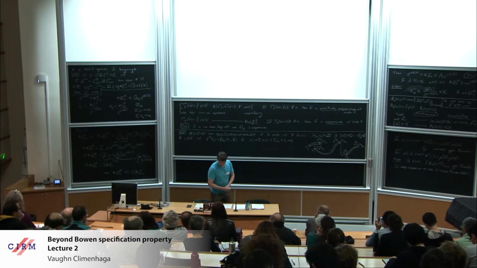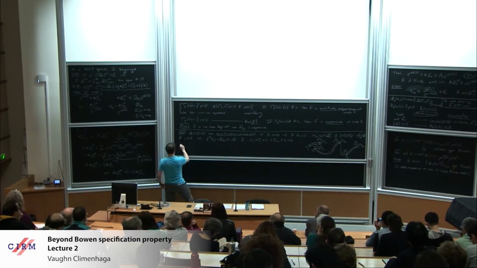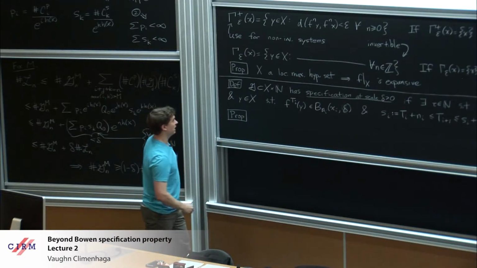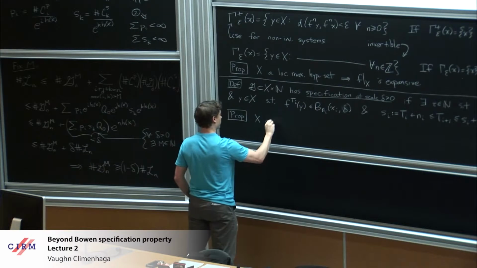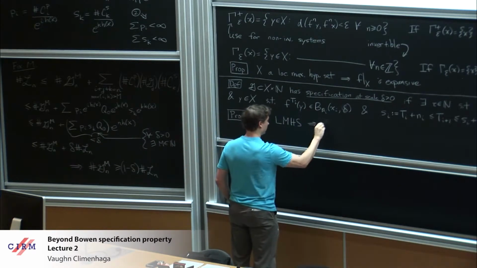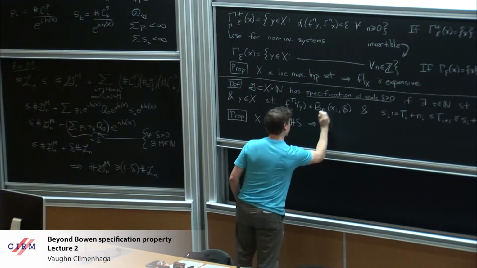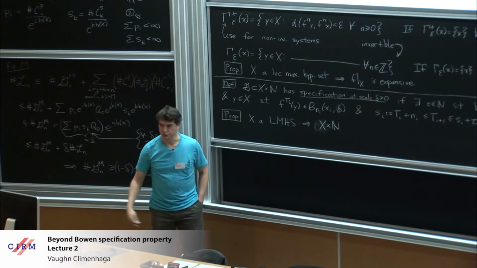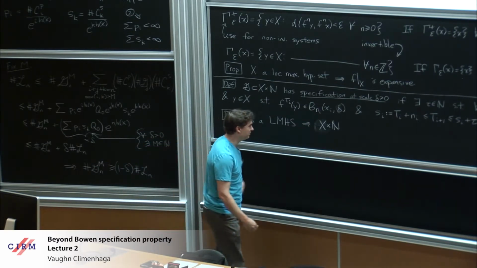And in order for this to be useful, we should say something about why this holds for locally maximal hyperbolic sets. So if I have a locally maximal hyperbolic set, the claim, well, let me write it this way. I introduced some notation. I should use my notation.